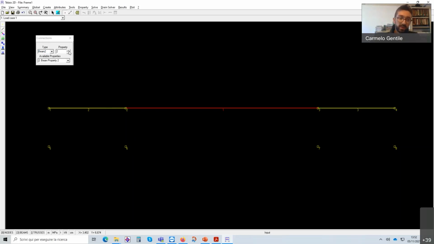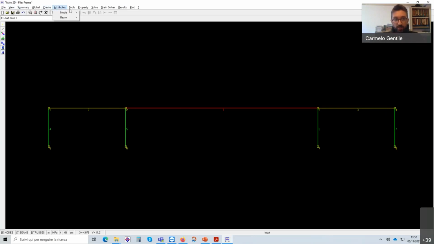Again, now the columns will be different again. We can say that all the columns are equal, and this time we have green color. So we have 3 different cases for geometry.